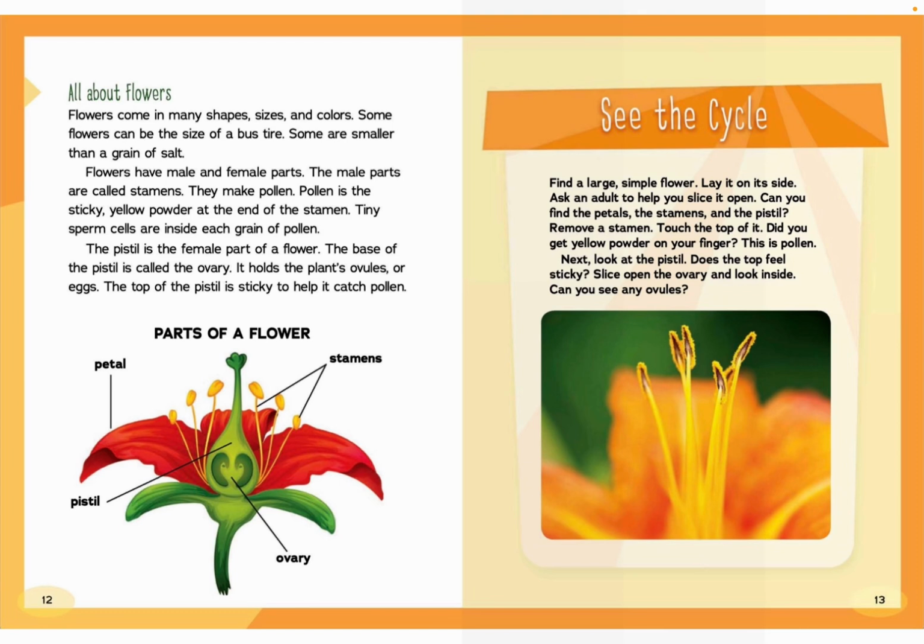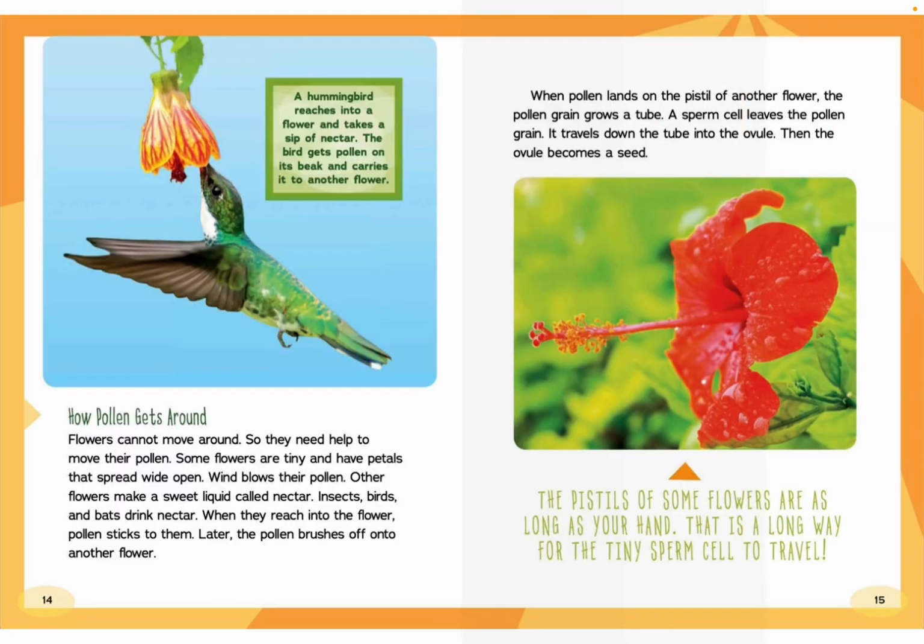Rub the top of a stamen. Did you get yellow powder on your finger? This is pollen. Next, look at the pistil. Does the top feel sticky? Then open the ovary and look inside. Can you see any ovules?